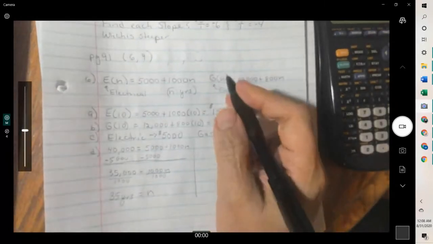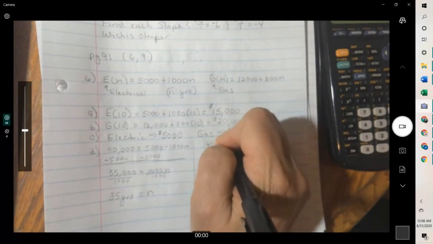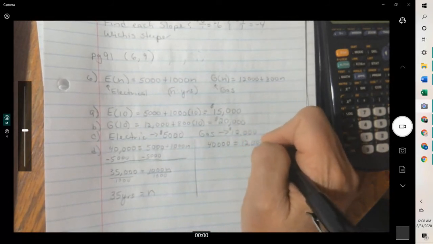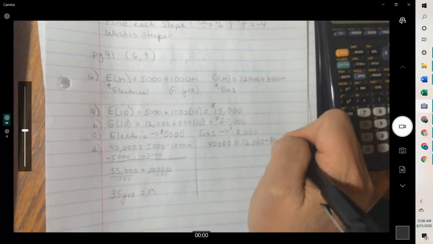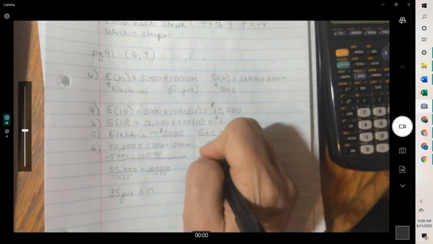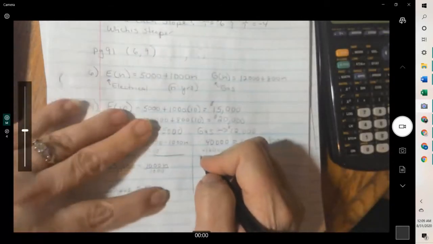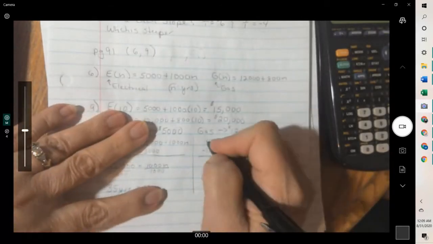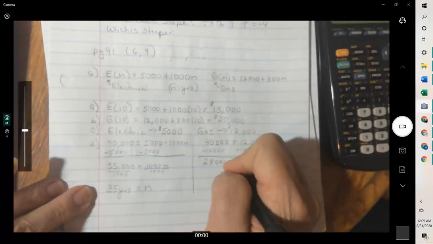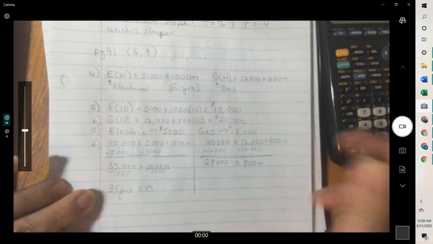Using gas, if we put the 40,000 in, we'd first subtract the 12,000 and get 28,000 equals 800 n.